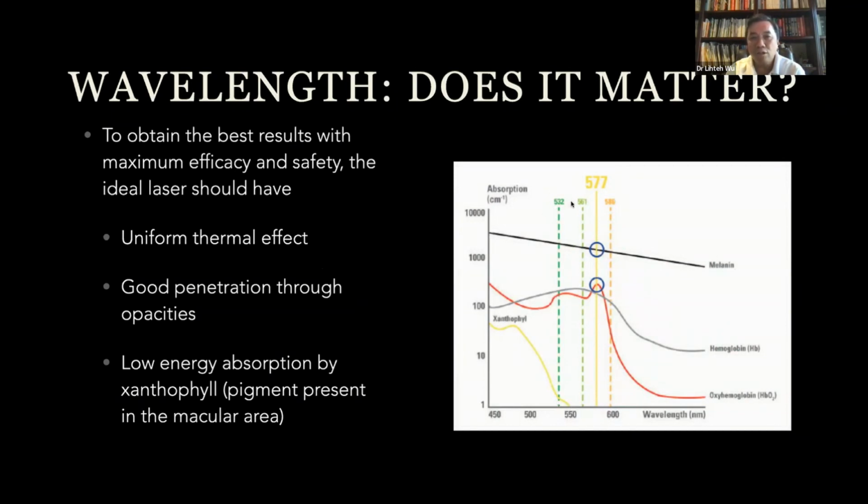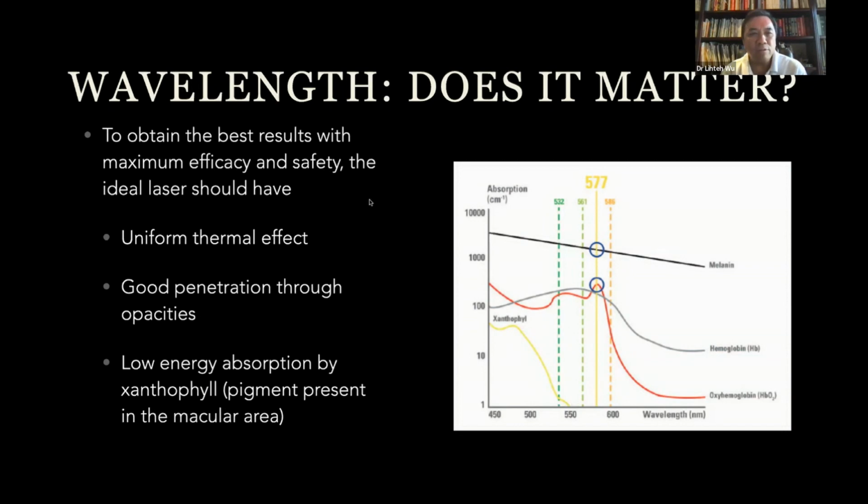If we use a green laser in the macular area, some of that xanthophyll will absorb the heat. So probably this is not the best laser to work in the macular area. Whereas with the yellow here at 577, we have good absorption curves in melanin and also the hemoglobin, and there's virtually nothing in the xanthophyll range.